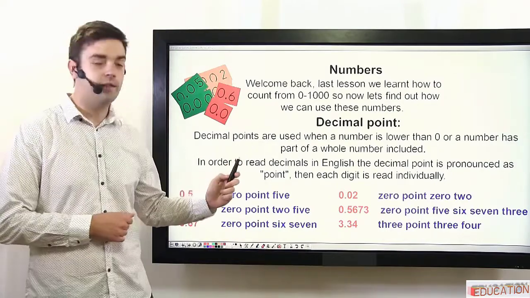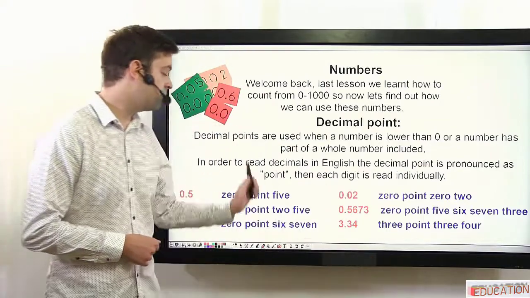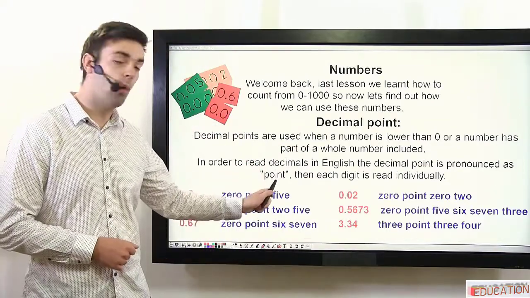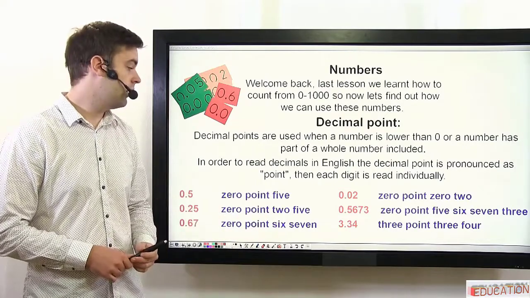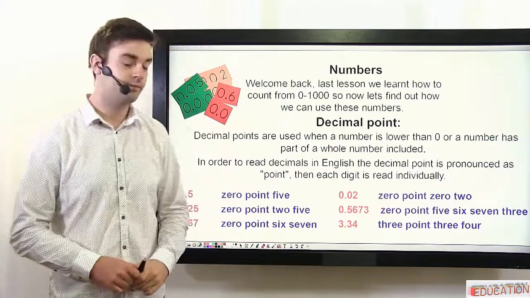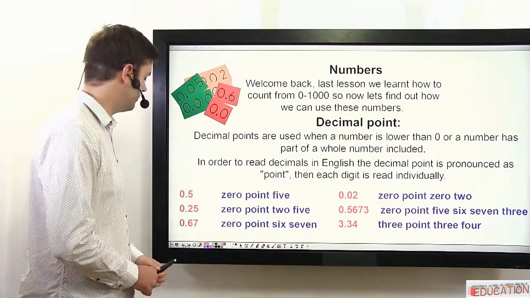In order to read decimals in English, the decimal point is pronounced as just point. Then each digit is read individually.